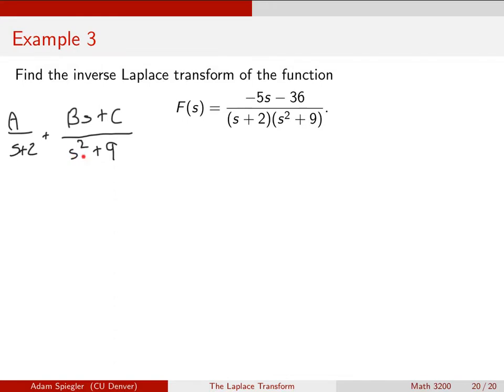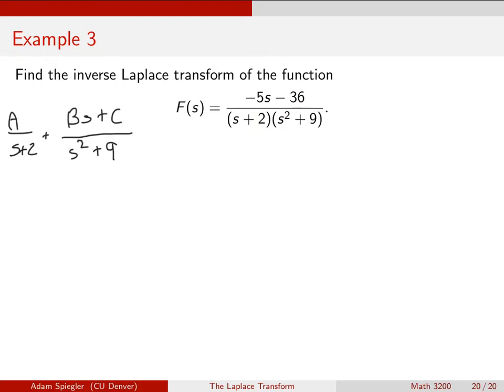But in this case, we have a quadratic factor that can't be broken up anymore. So then we're going to put an arbitrary linear expression on top over here. And then you can match things up and figure out the values that we need for A, B, and C, so that when we add this fraction together, we get minus 5s minus 36 up top.